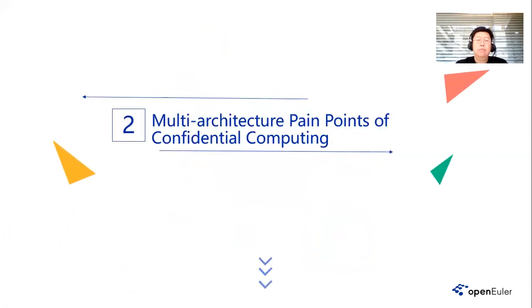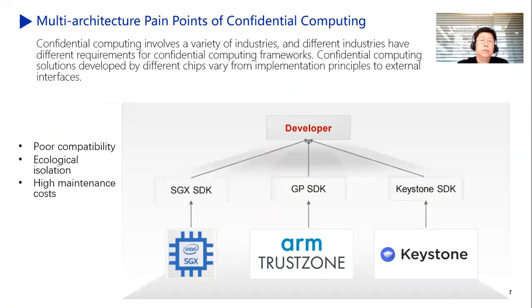Okay, let me introduce why multi-architecture is a pain point of confidential computing. From what we just introduced, there are several hardware solutions. Each hardware solution usually has its own SDK, and those SDKs are not compatible.